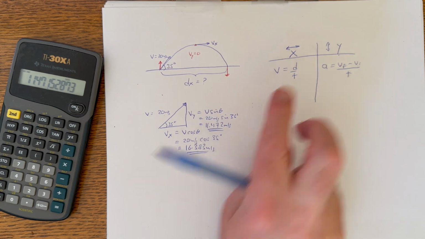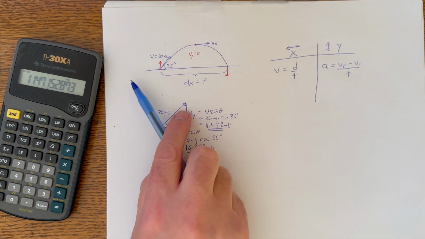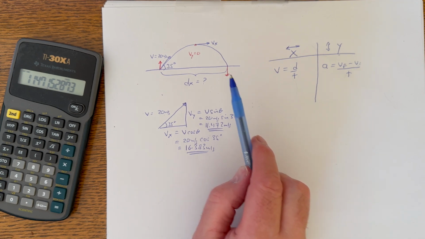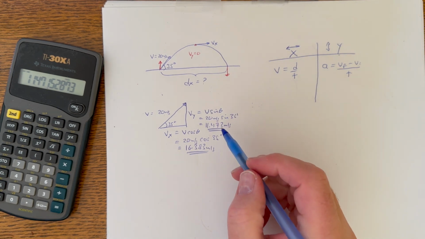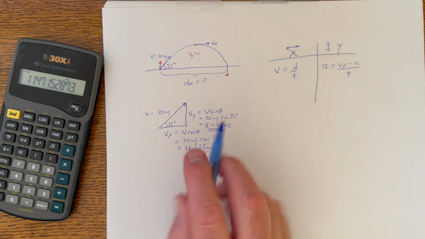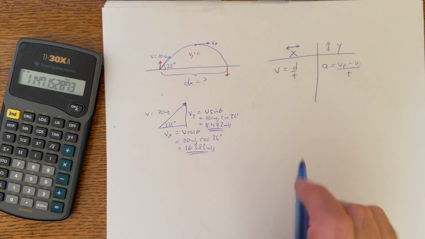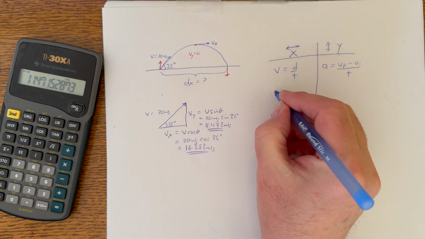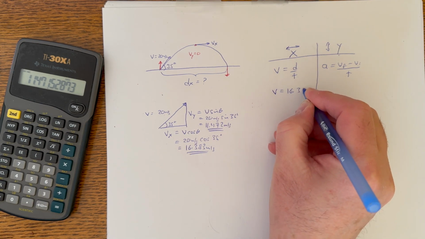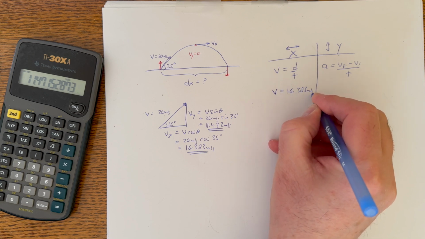So step one, label diagram. Step two, the chart. Make sure you do this step always for these type of questions, the up-down projectile motion. Some people call them type 2 projectile motion, and that's fine. And our step three is going to be solve for time. But before we do that, let's take these two numbers and put them over here. So the x dimension over here is 16.383 meters per second.